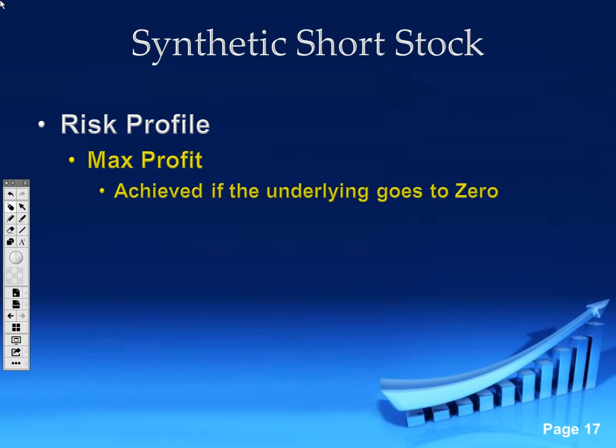One of them, with the risk profile, our max profit is achieved when the underlying goes down to $0. Now, I'm not expecting anybody to hold on to any of these trades till it goes down to zero. However you come up with your bearish assumption, you should also have probably a price target on the downside, just like I talk about on the upside. We have price targets on the upside.